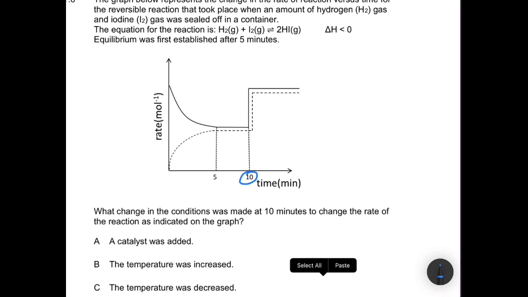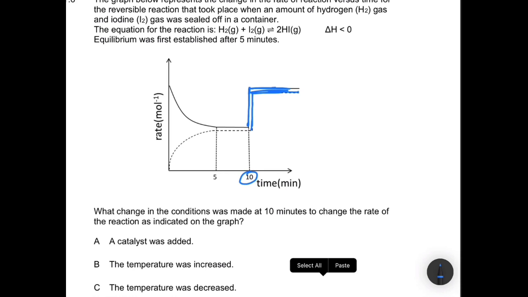So if all the time these lines for the rate of the forward and the reverse reaction go up simultaneously and there is no sudden drop in one of the lines, then the change was a catalyst. It's only a catalyst that will have that sort of an effect.